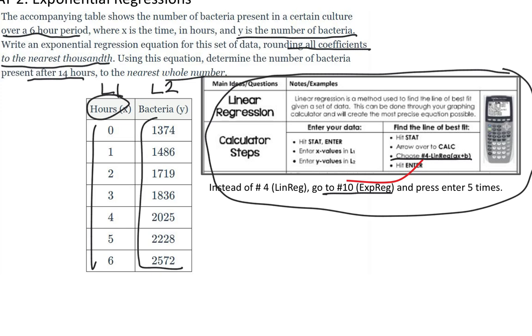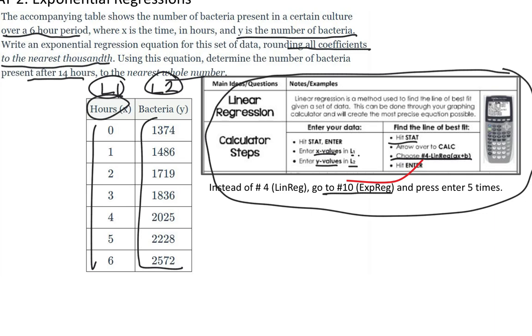So 1374, 1486, 1719, 1836, 2025, 2228, 2572. Okay. All right, so you've got your data in the L1 and L2.